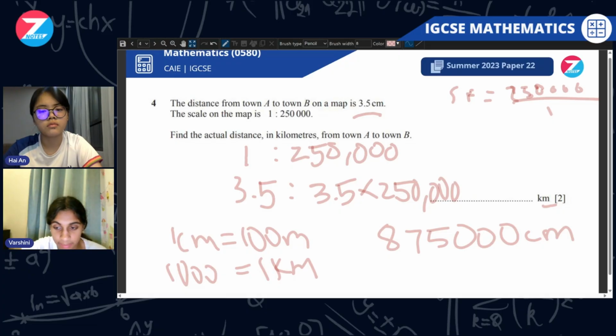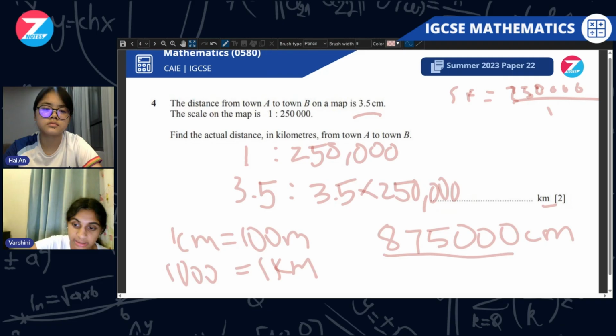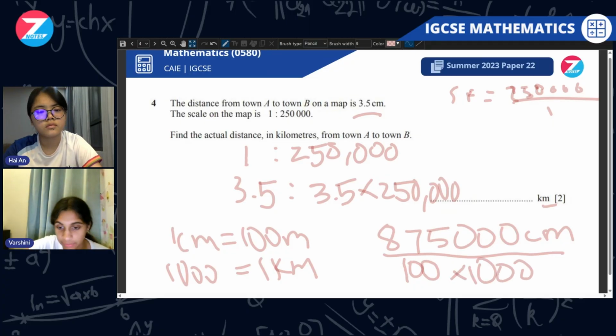Kilometers is the bigger unit, and an easy way to remember is that the bigger unit always has fewer numbers. For example, 100 centimeters is 1 meter. So we have to divide by the conversion from centimeters to kilometers, 100 times 1,000, because if we divide by 100, we get meters, and then if we divide that by 1,000, we get kilometers.